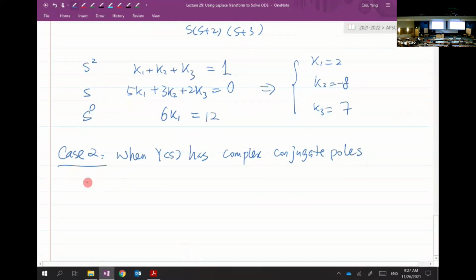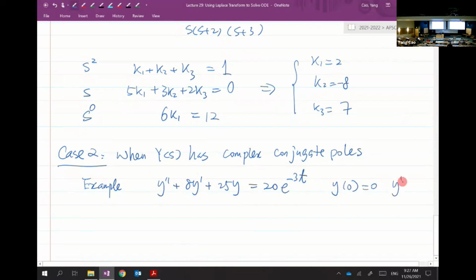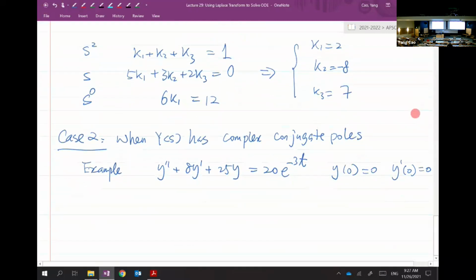Suppose we're going to solve this second order differential equation with initial condition 0, 0. So both the position and velocity are 0.